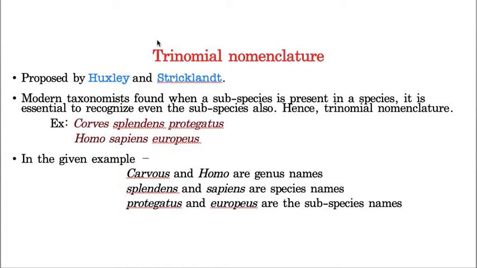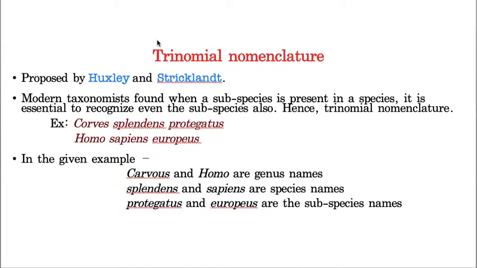Let us just go back to binomial nomenclature. Binomial nomenclature means giving two names to every individual: one is the genus name and the second is the species name. Trinomial nomenclature means giving three names. Please understand, I am telling you a little slowly.